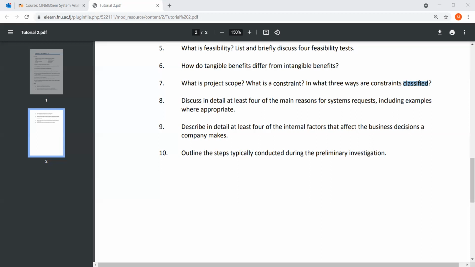The next one is scope, which is more like the project goal, and the last one is time, which is like the project schedule. So the 3 classifications of constraints are cost, scope, and time.